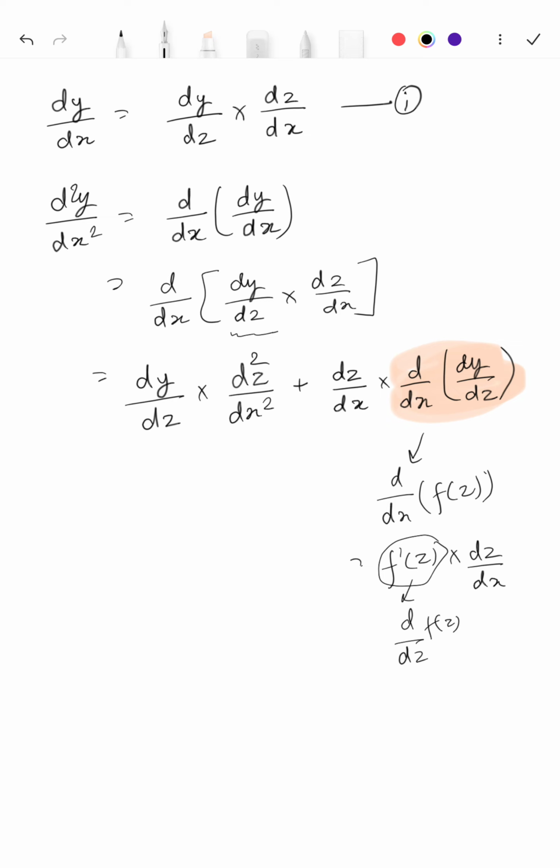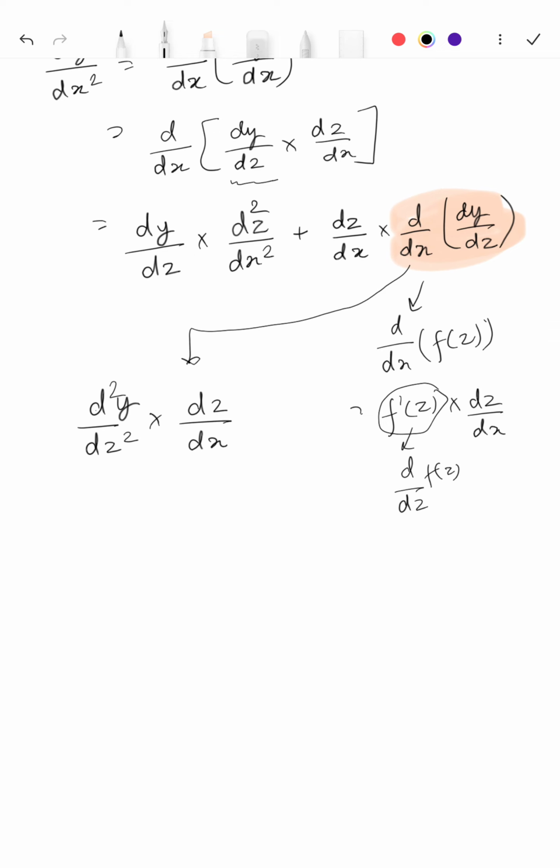So if we apply this one here, this term becomes d2y by dz square times dz by dx, right?